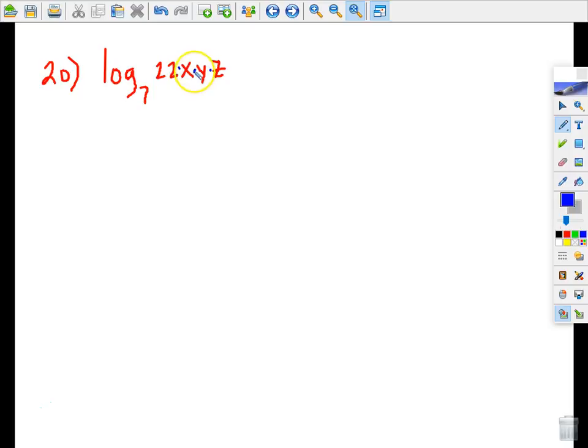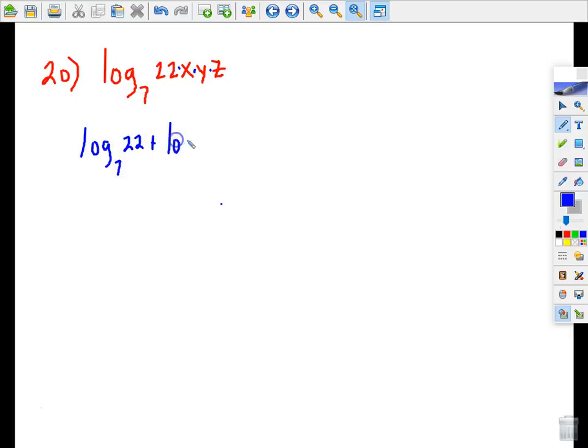So at each place where I see multiplication, I'm going to think of that as an expansion place. So you can also think of it this way: since there are 4 different numbers being multiplied together, that means I'm going to expand using 4 different log base 7s. So it looks like this. I'm going to do log base 7 of 22, plus, so now, again, where we see multiplication, that tells us we're going to expand with addition.